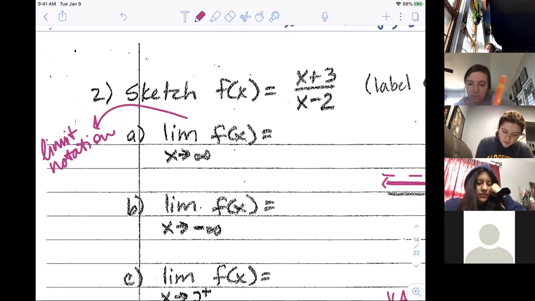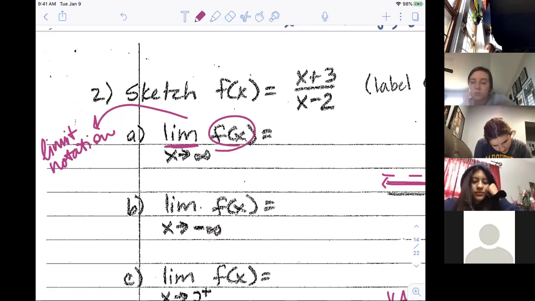So this is asking us for the limit of my function as x does something. We're always going to be looking at y. Remember, f of x is your y. So we care about what y is doing. This down here tells me what x is doing.